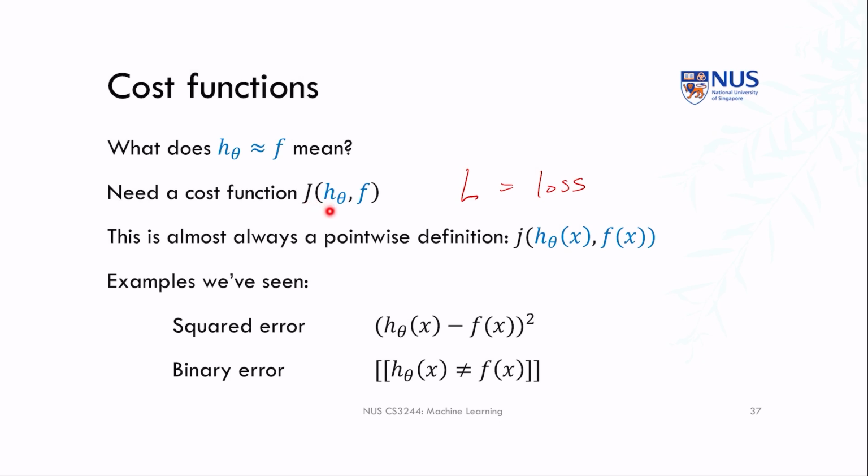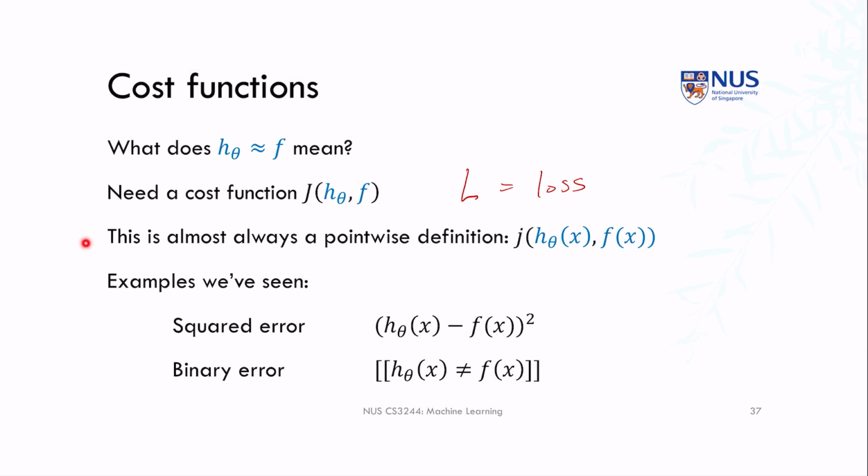It's going to take as input both of these pieces of information. So we're going to calculate some type of distance value: how close are we to the actual target function given the current set of parameters for my hypothesis? To do this, we're normally going to decompose it into a point-wise definition.